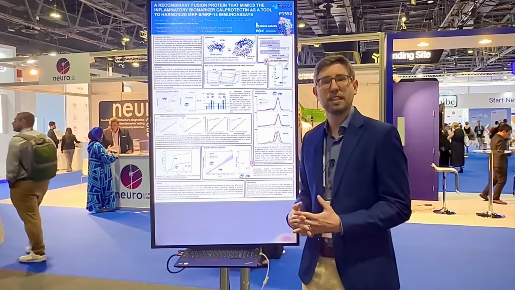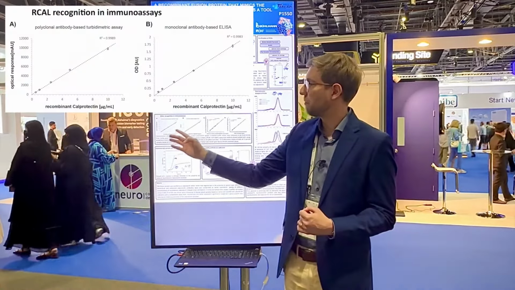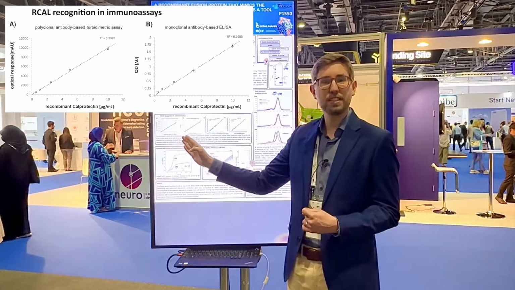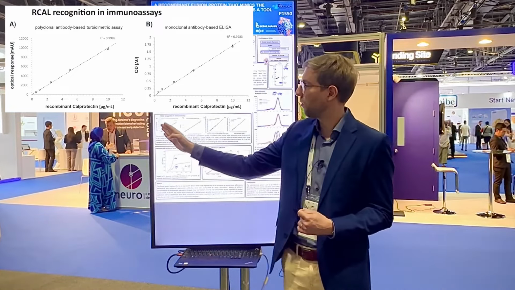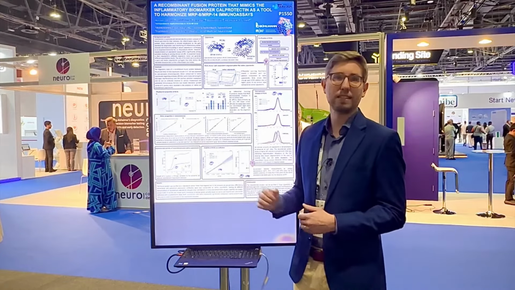Importantly, for using it as a calibrator material, we get a linear relationship for the concentration of recombinant calprotectin for recognition by polyclonal and by monoclonal antibodies.